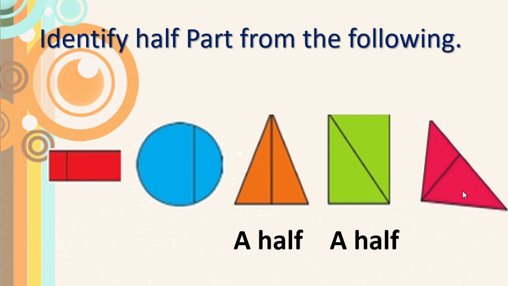And what about this? Here also we can see the line towards the upside. So the lower portion is larger than the upper portion, isn't it? So it is not a half. Got this, children? Half means the two parts from one whole are exactly alike. Okay?